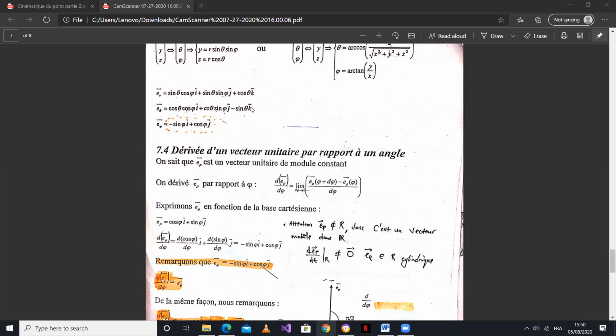Okay, exactly. Have you noticed that the answer he got, which is the correct answer by the way, is equal to e_theta? That tells you that the derivative of e_r with respect to theta is going to give you e_theta. So if you had tried to derive e_r, you would have found that.